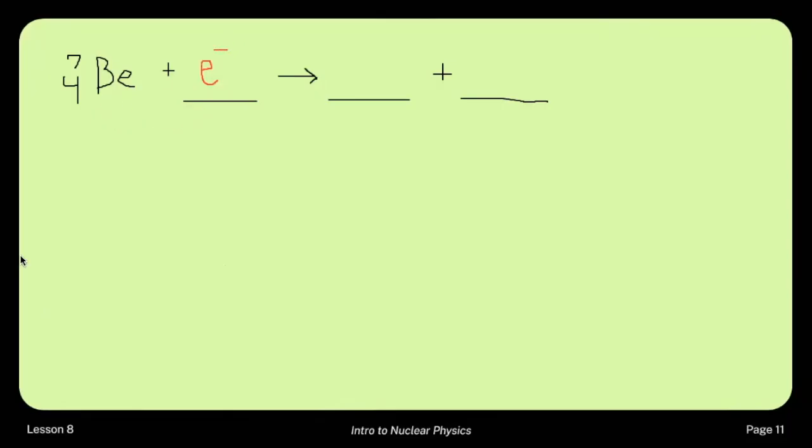And remember that we said this typically occurs in proton-rich nuclei, where we're trying to get rid of the excess number of protons. So in this reaction, we are losing a proton because it's turning into a neutron. So this proton number or atomic number will decrease by 1. And again, it's turning into a neutron, so the mass number is conserved.